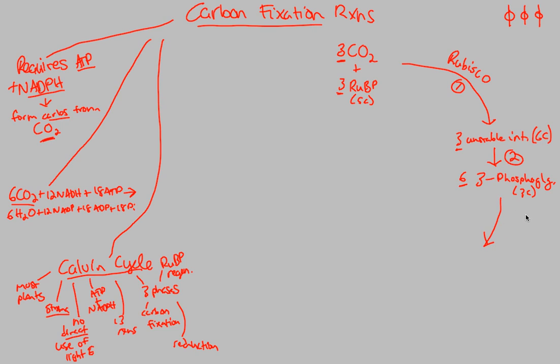Step 3 involves ATP. You need to use ATP. You're actually going to use 6 molecules of ATP to create 6 molecules of ADP. So you're going to take 6 phosphate molecules and attach them onto this structure. And you still have 6 molecules overall of this new compound, this 3-carbon compound, but instead you're now actually going to have a new compound called 1,3, this is where it comes in, bisphosphoglycerate.